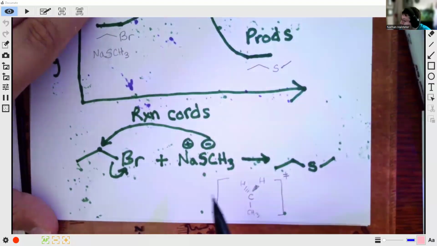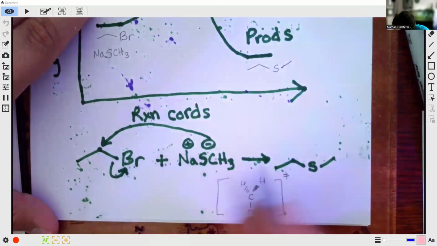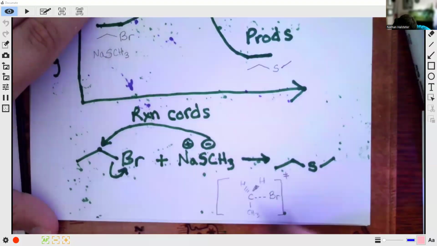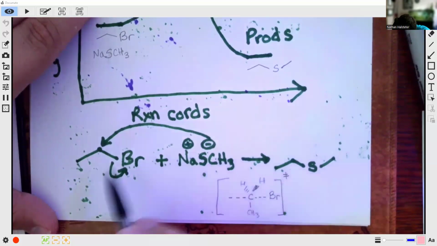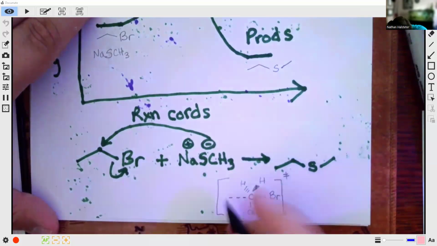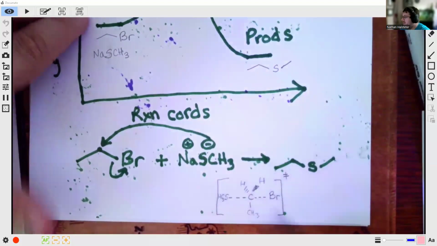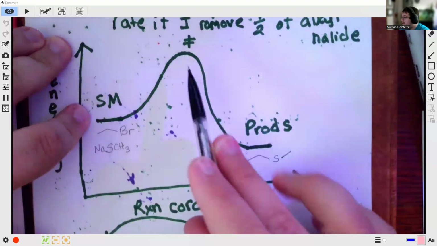What are we breaking? Okay, we're breaking our carbon-bromine bond. So it's going to be our dotted one. And we're forming our new carbon-sulfur bond, and everything comes along with it. CH3 sulfur. So that I'd expect to be able to put up at our transition state.